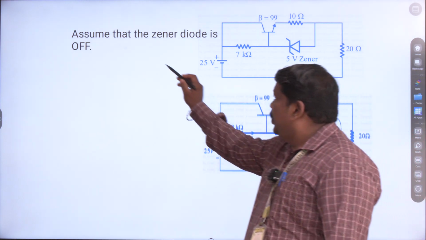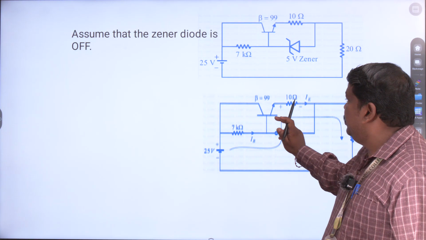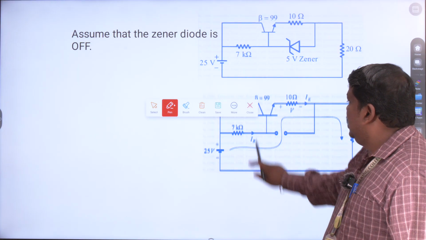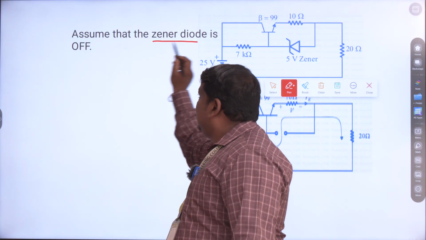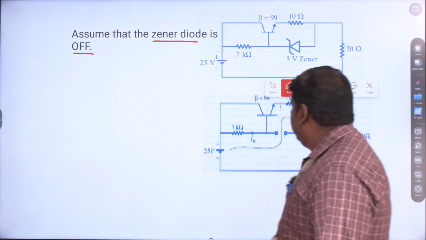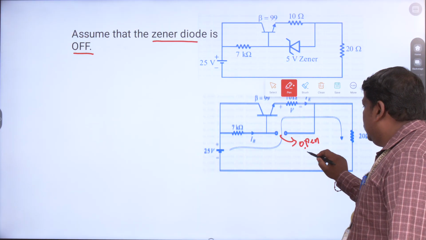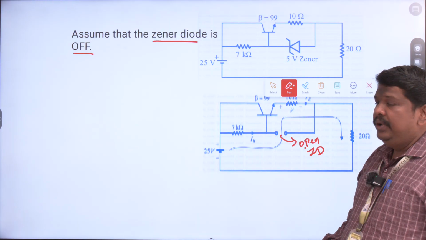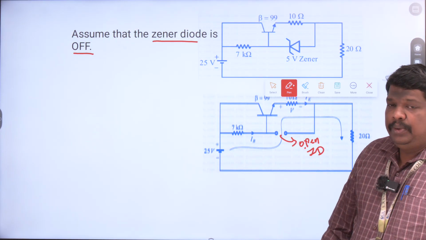First thing, we're going to assume that the zener diode is in off condition. The reason is it is in the breakdown region, so we open the zener diode, because it is in reverse bias breakdown condition.